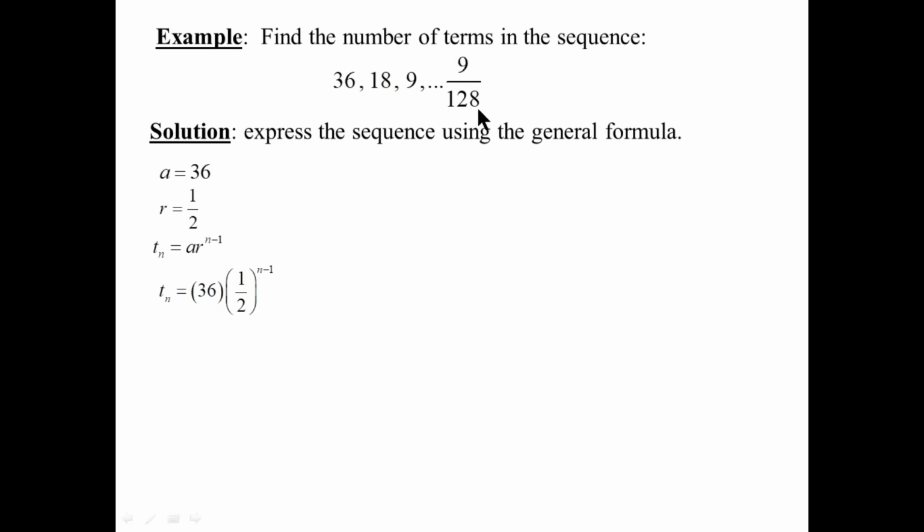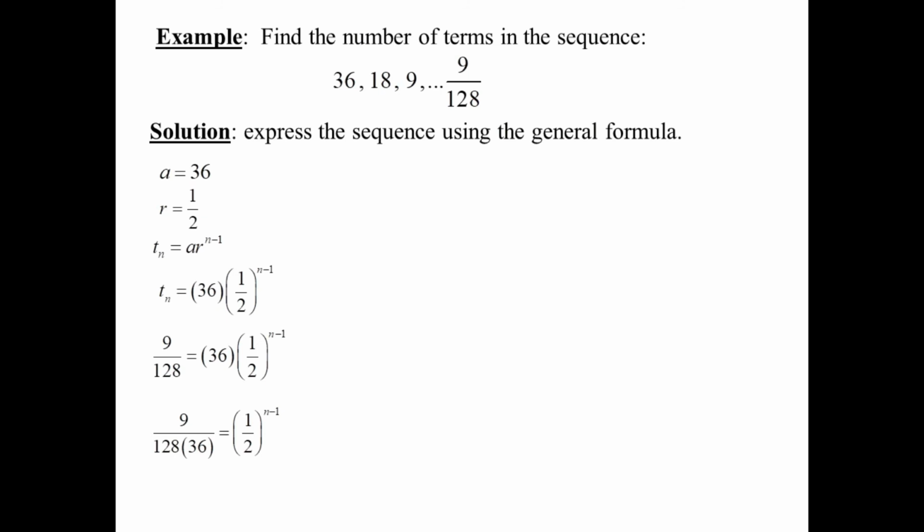But this is t sub n. So we'll take this and plug it in to t sub n. Divide both sides by 36, and it becomes this. Now this may require some explanation.